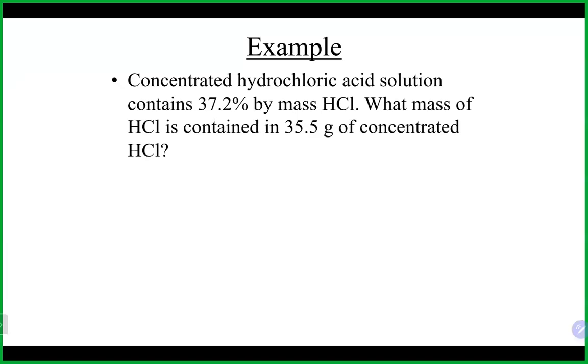All right, let's try another one here. Concentrated hydrochloric acid contains 37.2% by mass HCl. What is the mass of HCl that's contained in 35.5 grams of a concentrated HCl solution? Okay, so here again, we're dealing with percent mass to mass.